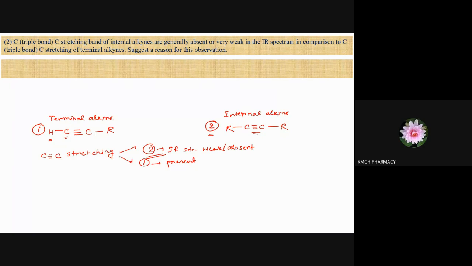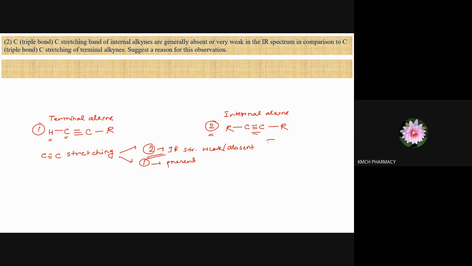There is no polarization in the internal alkynes, and hence they are weaker and absent in the absorption bands. In the case of internal alkynes, there is no polarization. The molecule behaves as totally non-polar, and hence there are no intense absorption bands in internal alkynes.